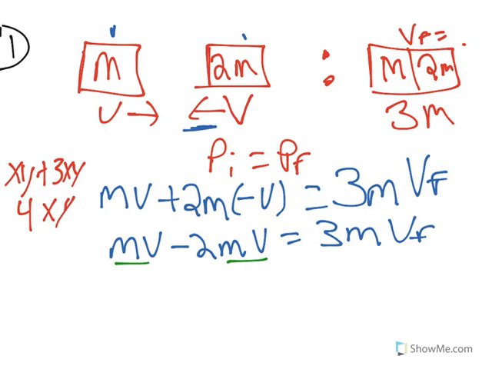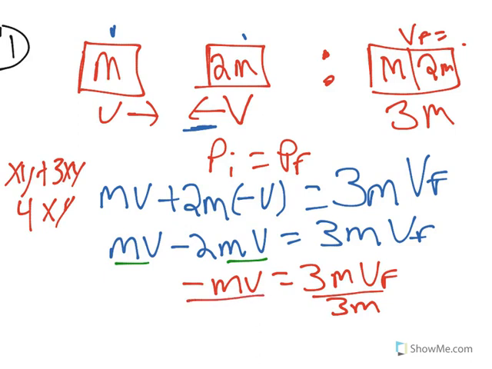We're going to add these two together, and we'll get negative mv equals 3mvf. Now, we're going to divide through by 3m to get vf by itself, and that gives us negative 1/3 v equals vf. So that means the ratio of our final velocity to our initial velocity is 1/3.